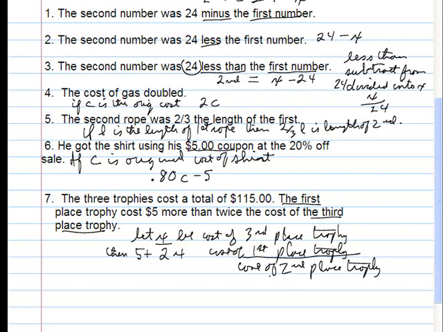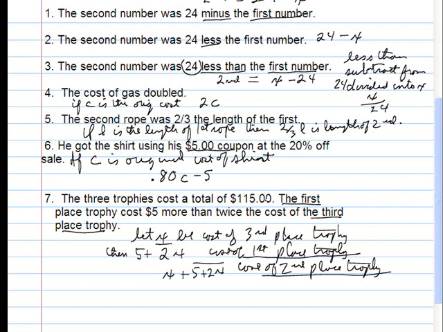Well, this is kind of like the two numbers totaling T, but there are three numbers. But if I put the cost of the first and third together, that would be the cost of the first place trophy plus the cost of the third place trophy, which is right here. And if you add that to the second place trophy, you get 115.